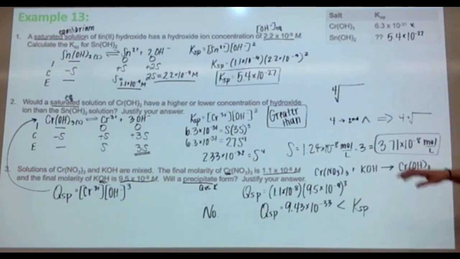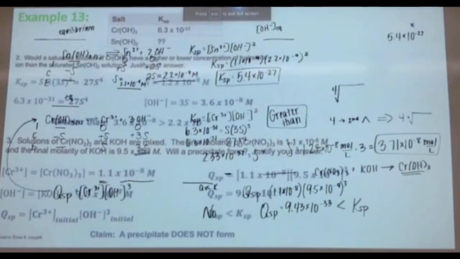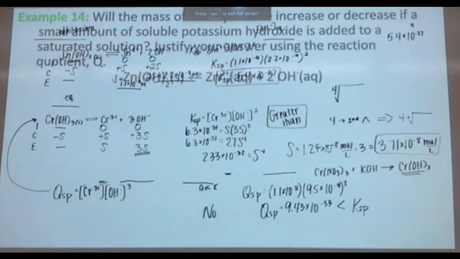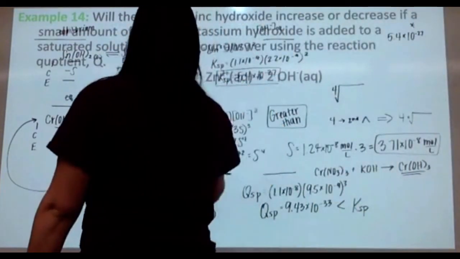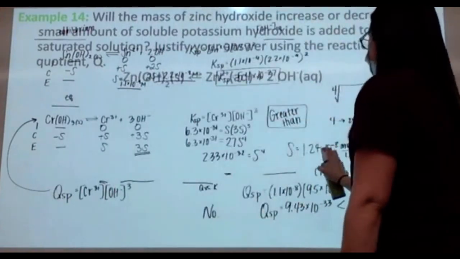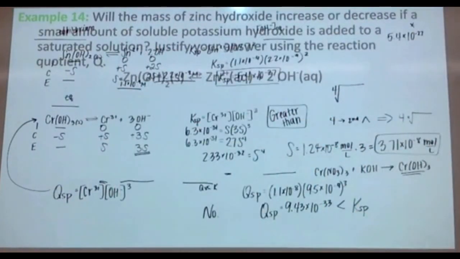So that kind of ties in all of the different things that we've looked at with KSP: precipitation, KSP, solubility. And so the last example is example 14, just one question, but more of a conceptual question. Example 14 says, will the mass of zinc hydroxide increase or decrease if a small amount of soluble potassium hydroxide is added to a saturated solution?